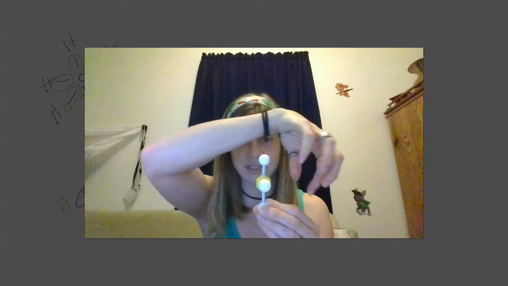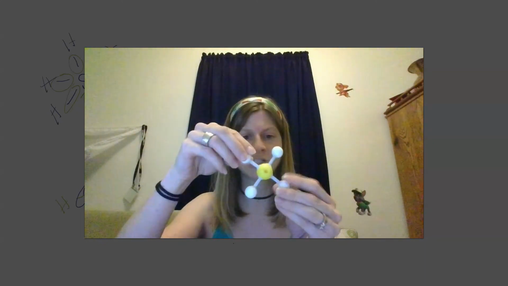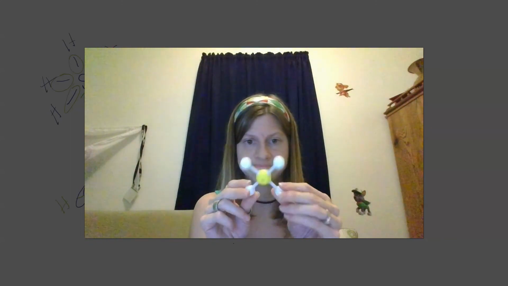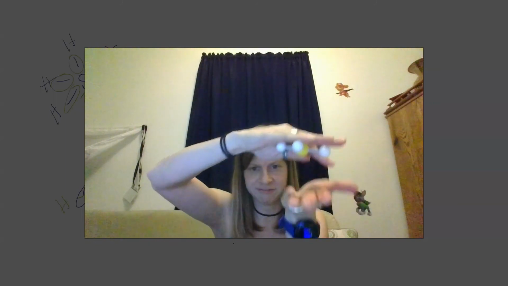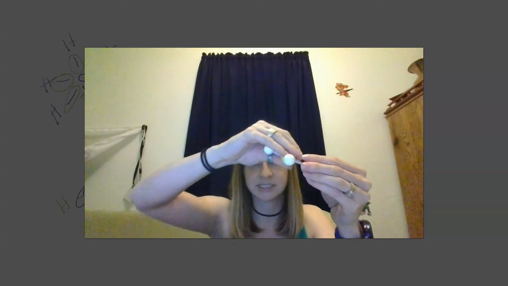Some of these electrons want to have all the freedom. So now this set has all the freedom over here, and this set has all the freedom over here. So this is square planar, because it's like the shape of a square, but it's flat. So the bond angles are going to be 90 and 180. And these will be perfect because it's being flattened from the top and flattened from the bottom, so it's stuck.